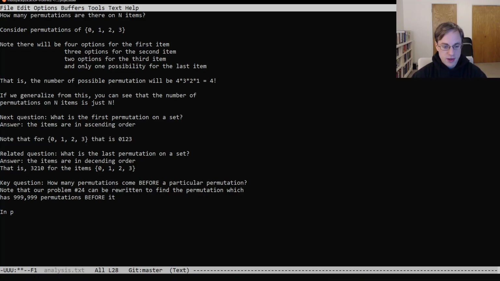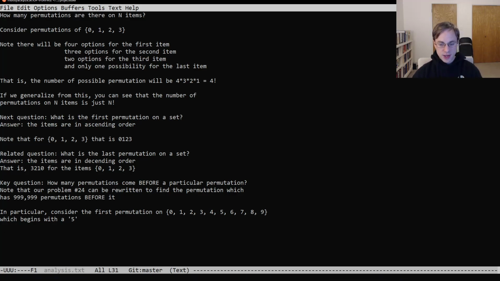Let's see. In particular, consider the first permutation on 0, 1, 2, 3, 4, 5, 6, 7, 8, 9 which begins with a 5. This isn't specifically required to solve our problem. This is just an example to get us thinking about this key question here.